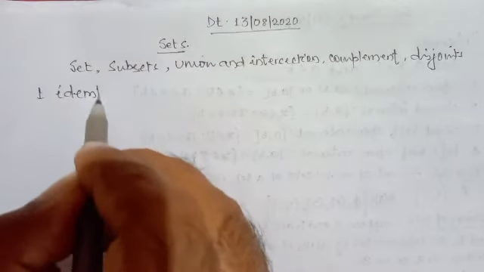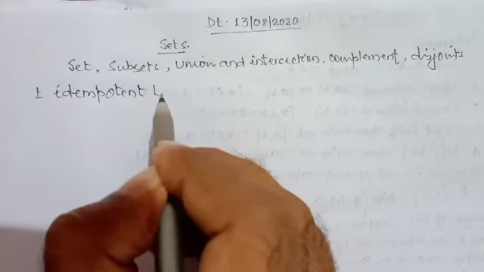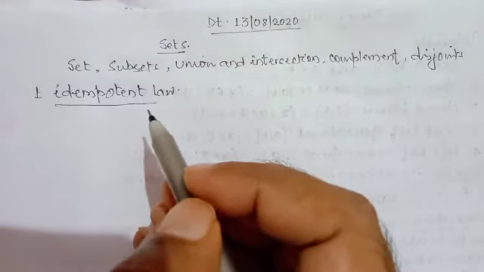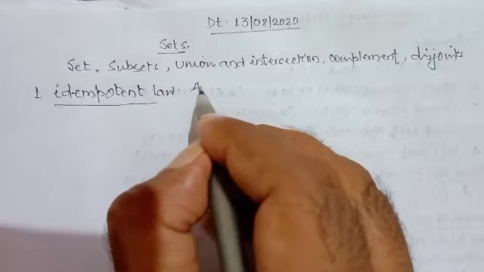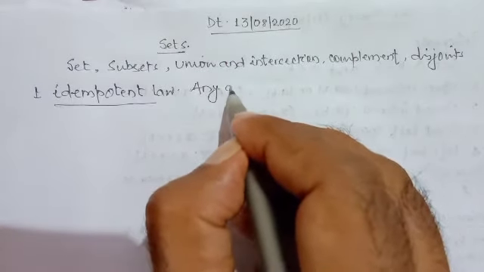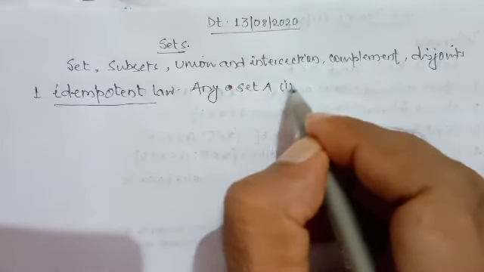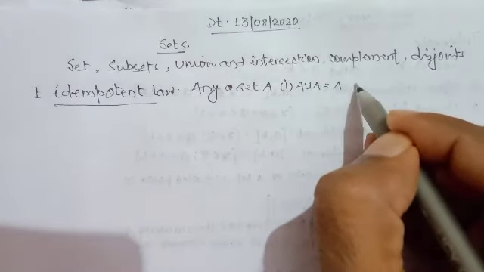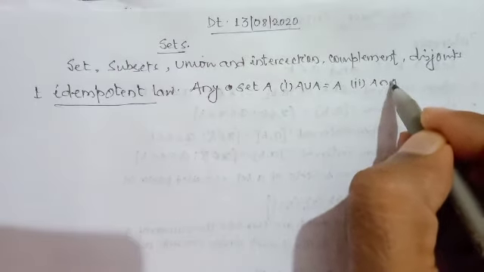The idempotent law is simply, for any set A, the first is A union A is equal to A, and the second one is A intersection A is also equal to A.